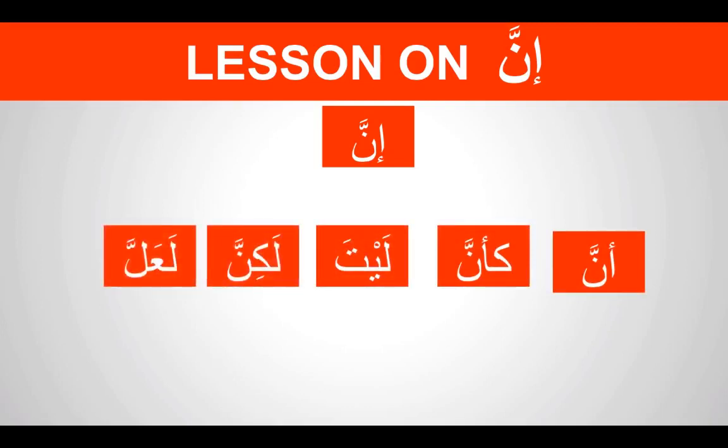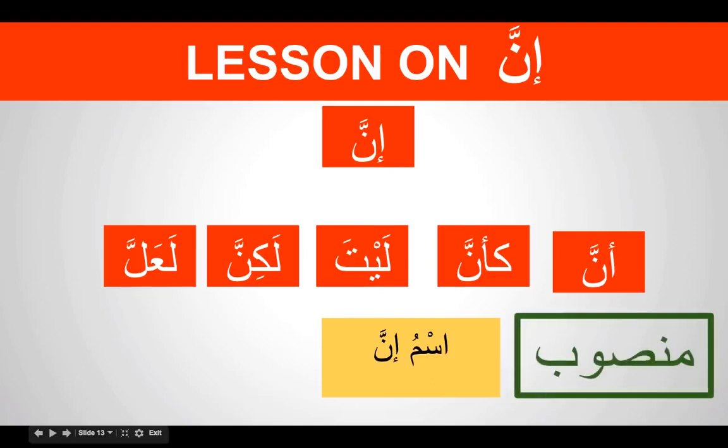So these are the 5 sisters. There's inna, anna, ka anna, layta, lakinna, la'alla. What we are looking at is that these harfs as well will have ismu inna, ismu anna, ismu ka anna, ismu layta, ismu lakinna, ismu la'alla, and that will be mansoob. And they will have khabar inna, khabar anna, khabar ka anna, khabar layta, khabar lakinna, khabar la'alla.